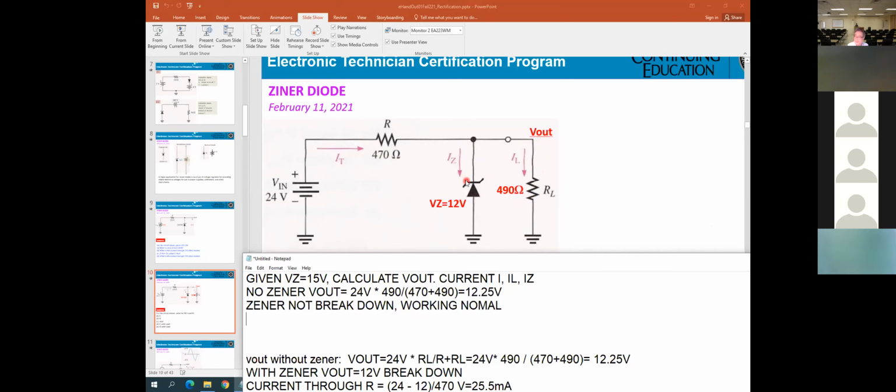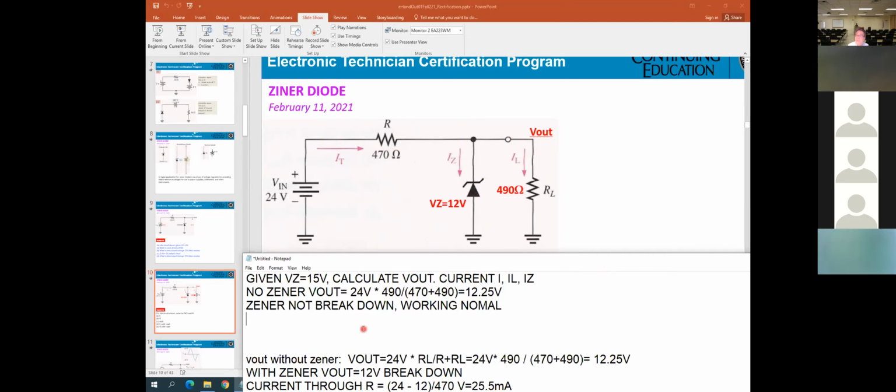They just work without the Zener here. So if you want to calculate I, you take the 24 minus that Vout divided by this resistor, and no current will go through the Zener. That means they work like normal.